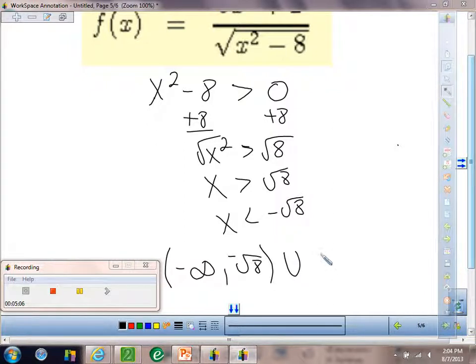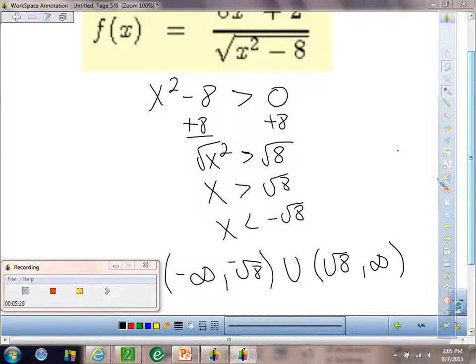And so we would pick up again at the square root of 8 to infinity, and again it doesn't include that. So hopefully that helps with the domain. Domain is usually we figure out where it can't be, and then we include everything else.